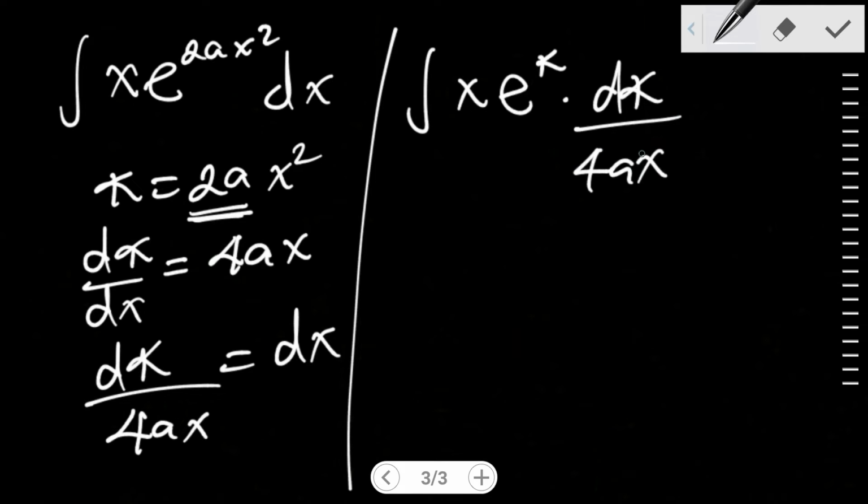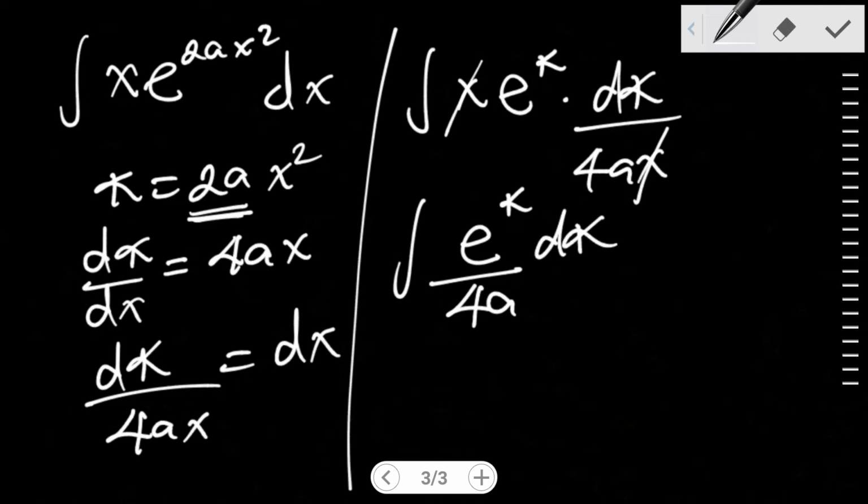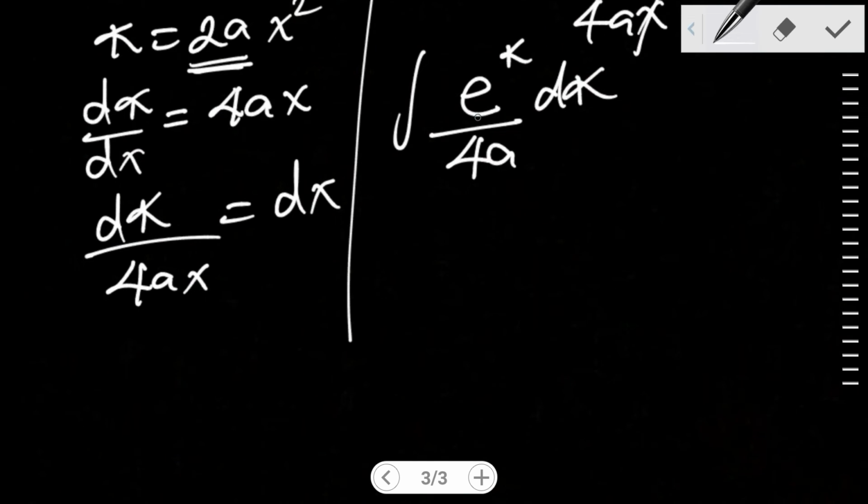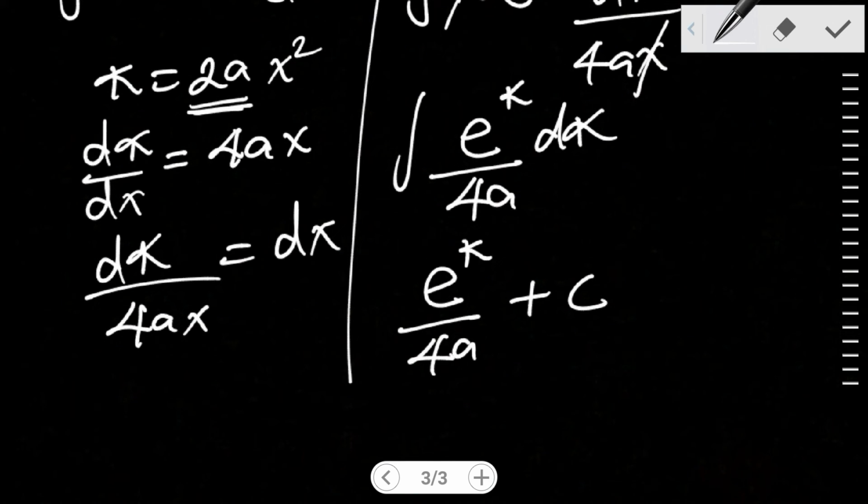So here I'm going to have something that will go with this, and so I'm going to have the integral of e to the power k over 4a, but here I'm having the k. And so if you integrate this, you're going to have e to the power k all over 4a plus our arbitrary constant, but k was assigned to something.